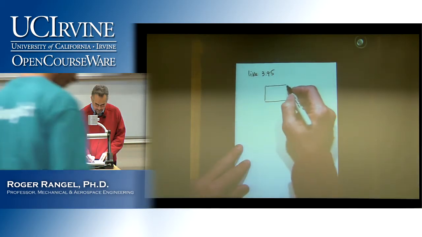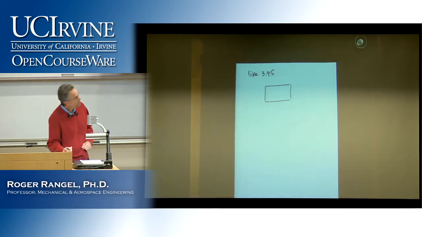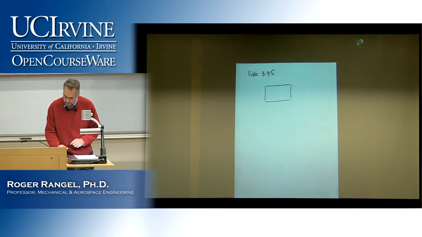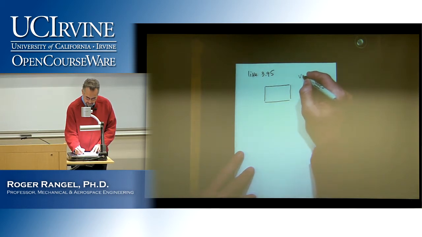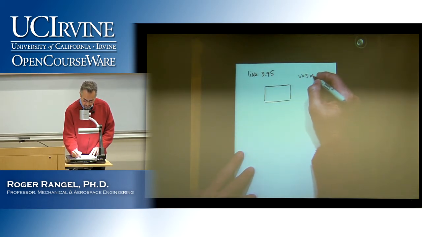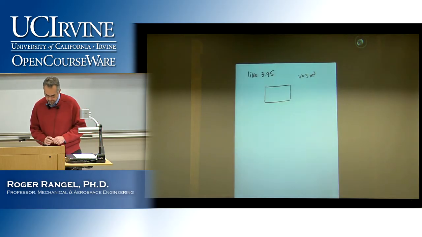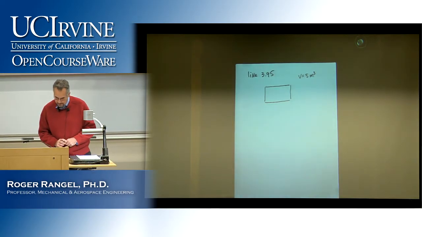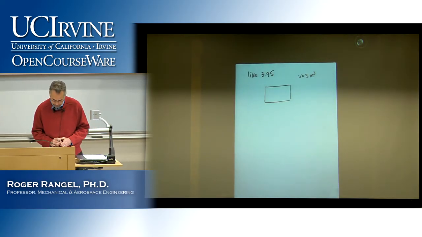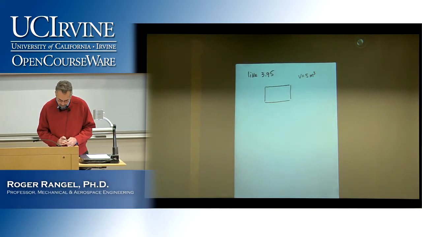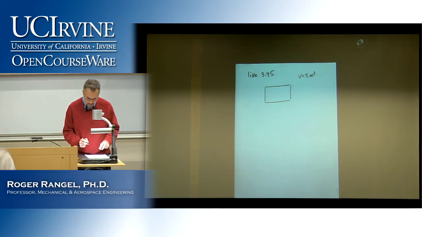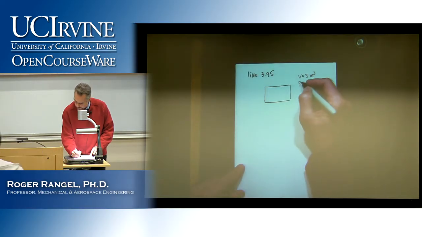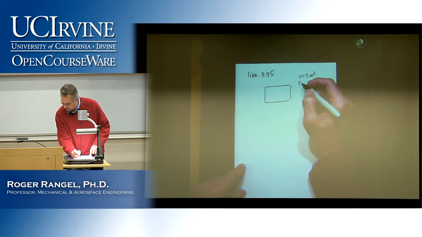So suppose we have a rigid tank, and we know the volume of this tank is 5 cubic meters. And we know the pressure, 0.1 megapascals.